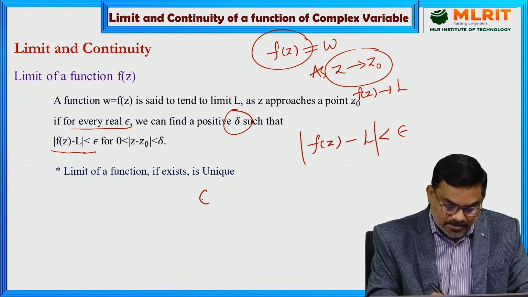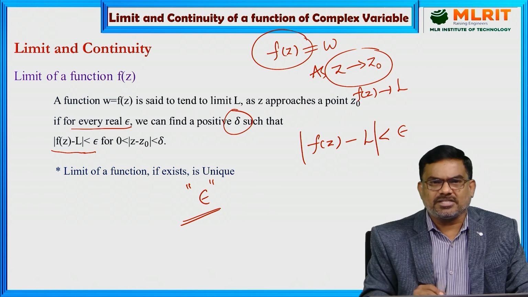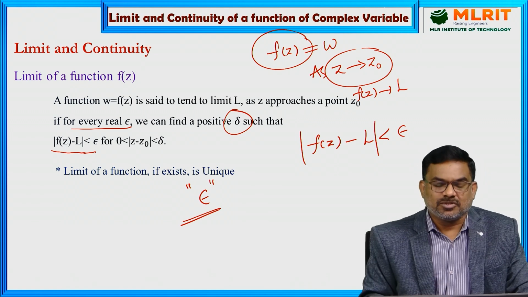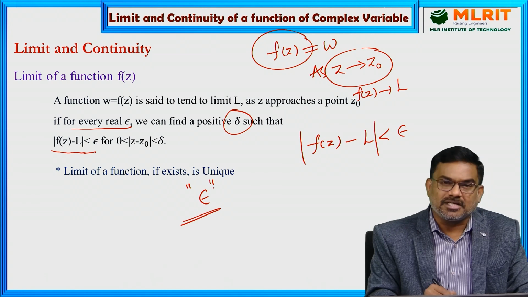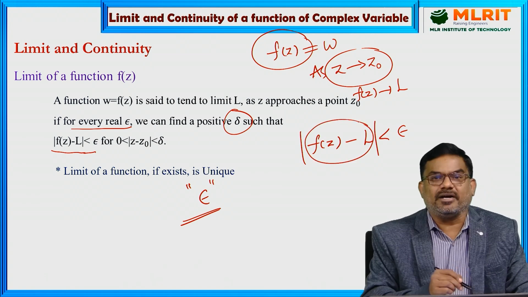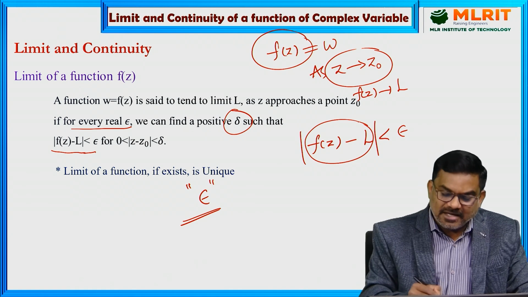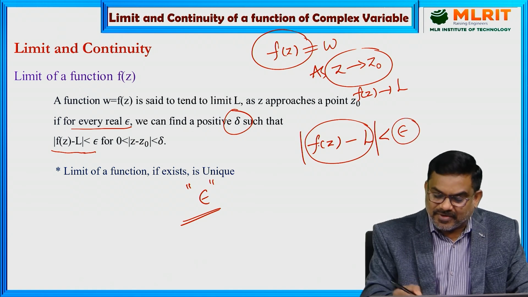Now, what is this epsilon? In general, we consider epsilon as the smallest positive value. The difference between f of z and L is less than a very small positive value. That means there is no difference between these two.